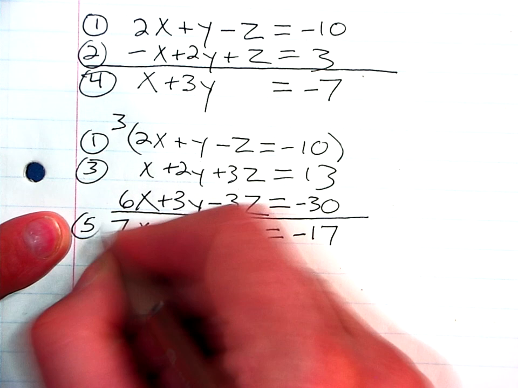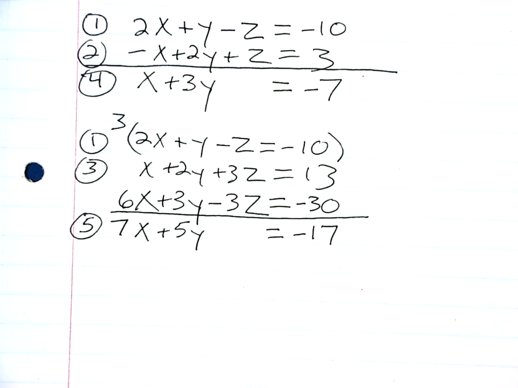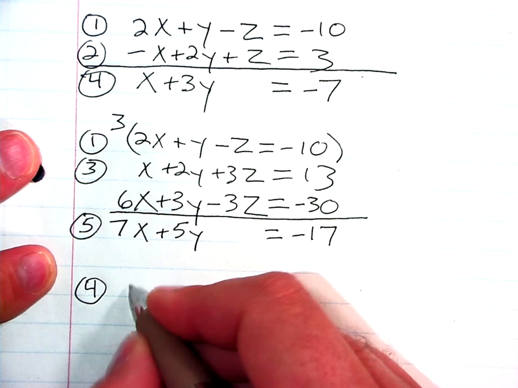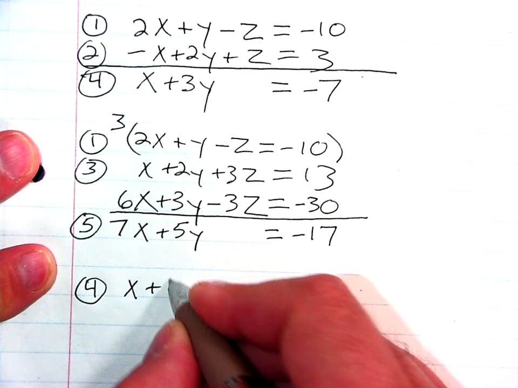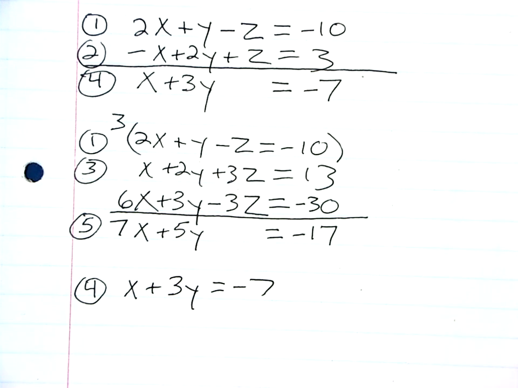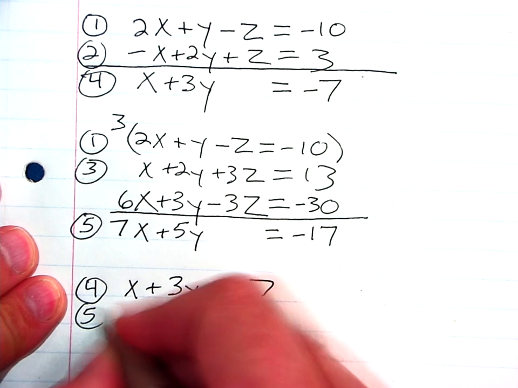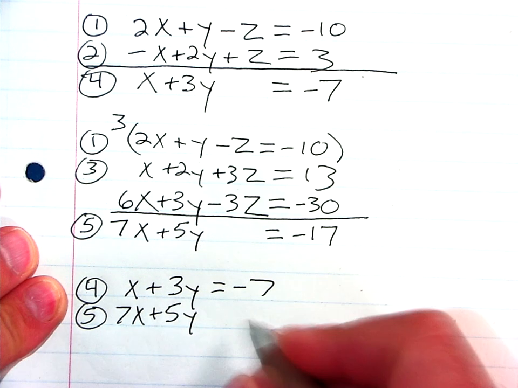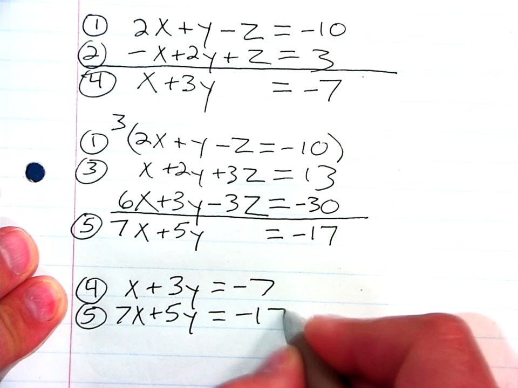So what do you think we're going to do now to lines 4 and 5? Combine them. So let's write line 4. x plus 3y equals negative 7. And 5 is 7x plus 5y equals negative 17.